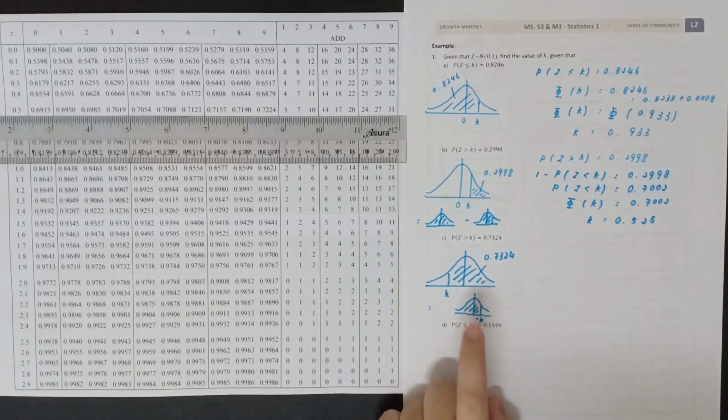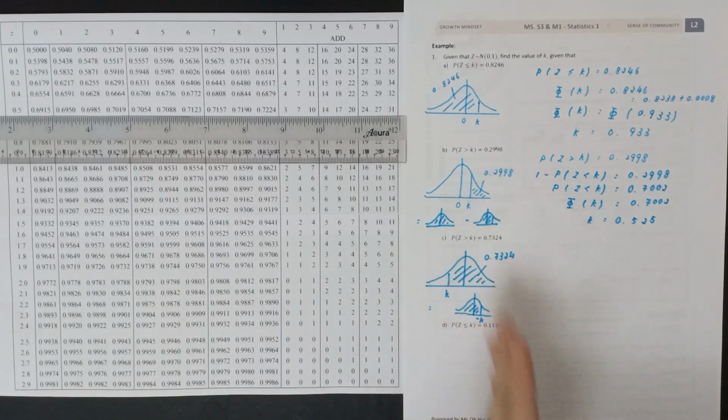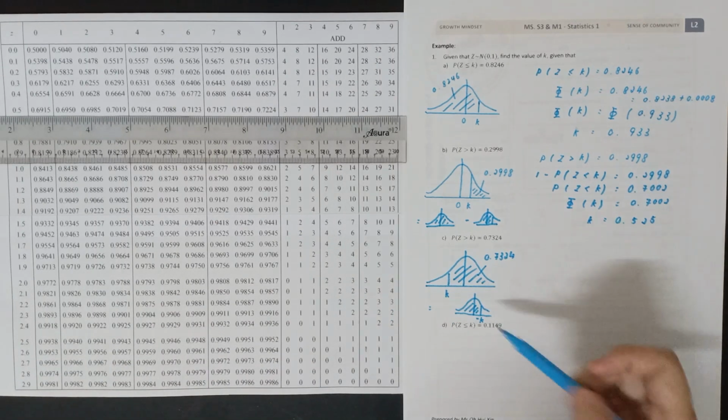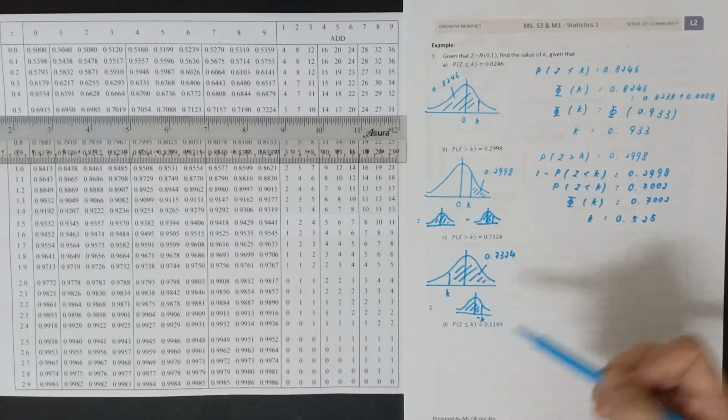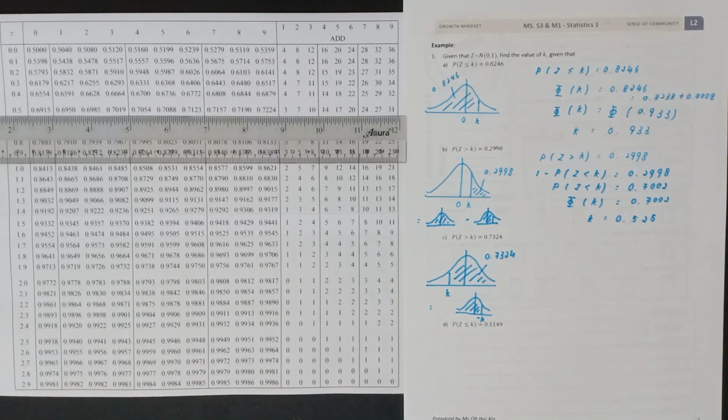I repeat again, the negative here is an operation that you will do when you do your reflection so that your negative k will become positive. Okay, it doesn't mean that, why is this drawn at the right hand side but then my k is negative. It's because your k is negative, so that's why when you negate your k this becomes a positive value.